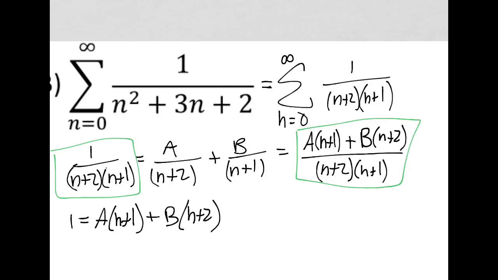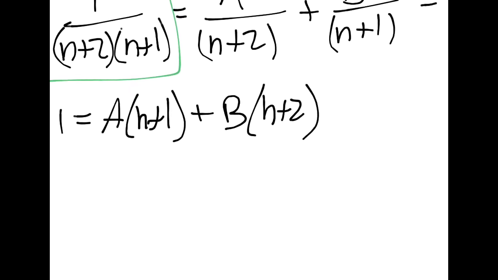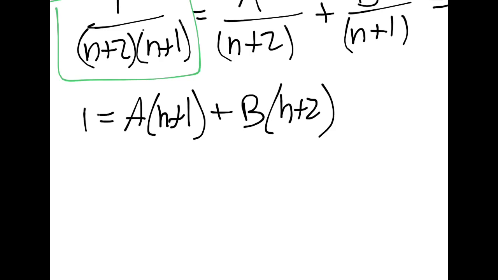We just need to figure out what values of A and B make this true, because this needs to be true for every value of n. If we're clever, we can choose a couple of key n values that will allow us to find A and B. Well, if this is true for all n values, then it's certainly true for n equals negative 1.